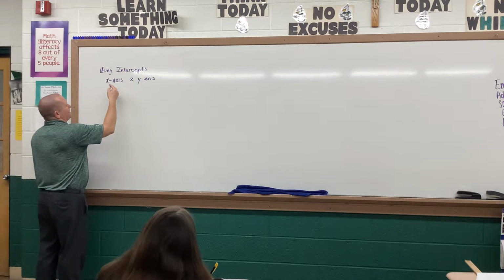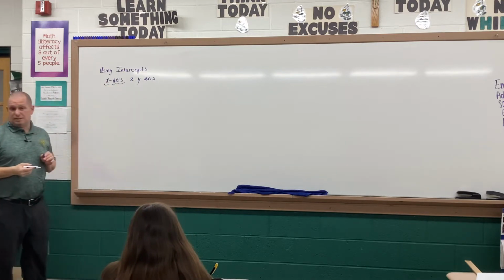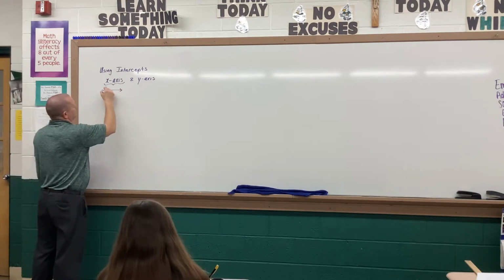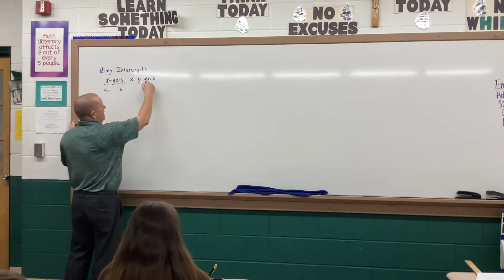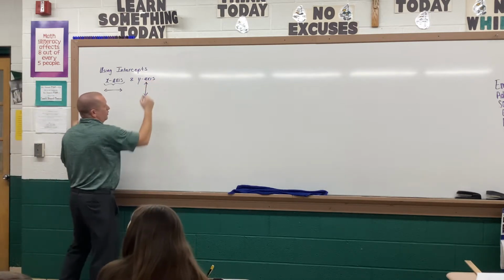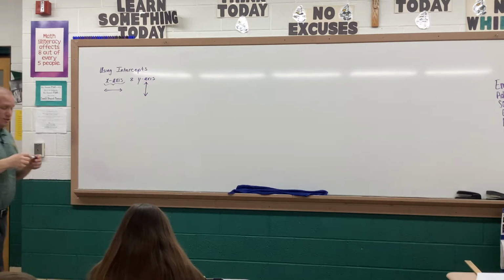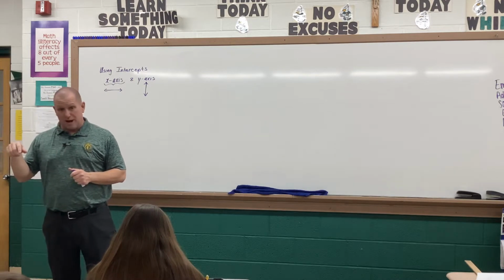So again, the X-axis is what axis? Which way does it go? Left to right, right? So my X-axis is this axis, or on ours, it's the green axis. And then my Y-axis goes up and down, or on ours, it's the yellow axis. Okay, so when you start doing this, make sure that you are putting numbers on your graph.